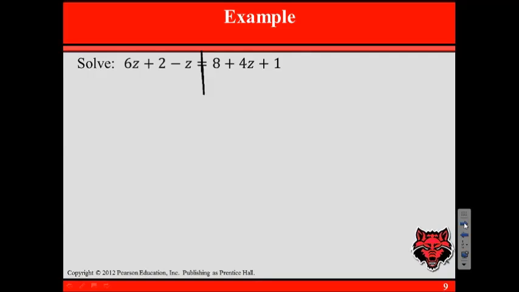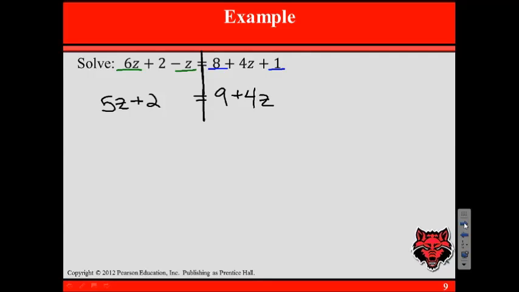So starting on the left-hand side of the equation, I have negative z, and I have a positive 6z. Combining those, I have 6 minus 1 gives me 5z plus 2 equals. On the right-hand side of the equation, we can combine 8 and 1. 8 and 1 gives us 9, so we have 9 plus 4z.